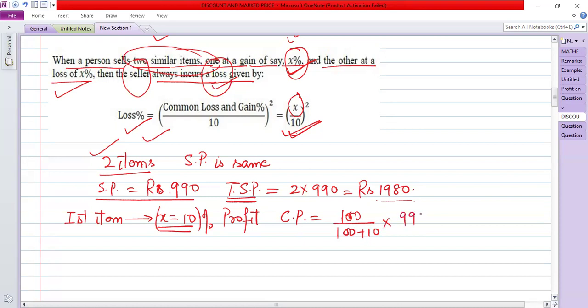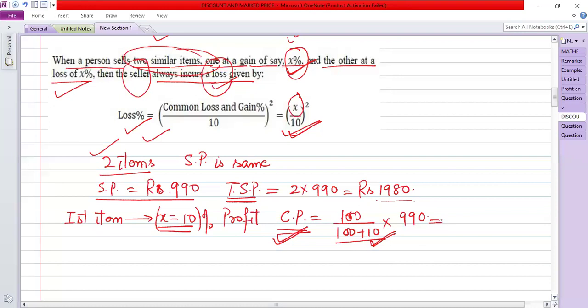The selling price was 990. So this is the cost price of the item which is sold at a gain of 10%. For how this formula works, please watch the first lecture on profit and loss.